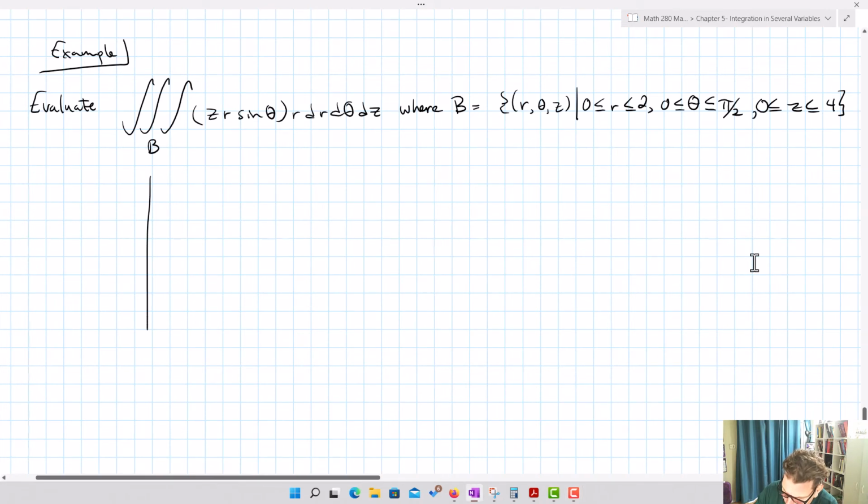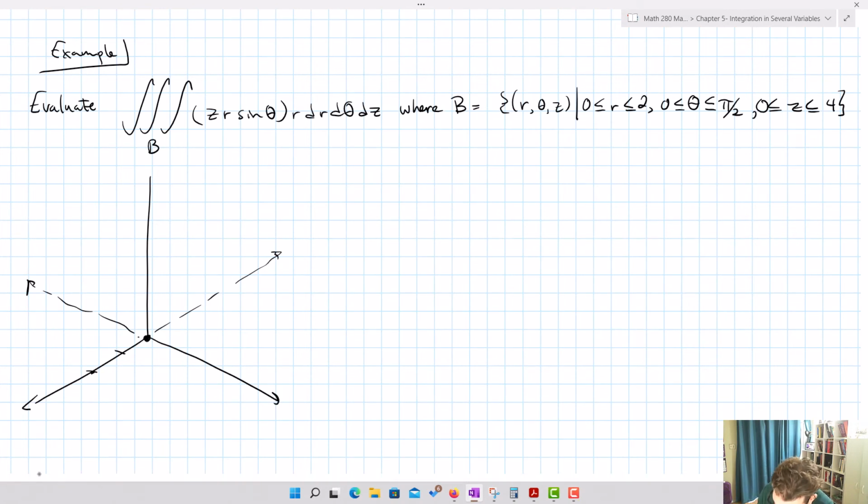Let's imagine what this region actually looks like, so we'll draw out the region. R is going to go from 0 to 2, so those are our bounds for r. Then theta is going to go from 0 to pi over 2, so we go out from 0 to 2 and imagine it's just that first octant.